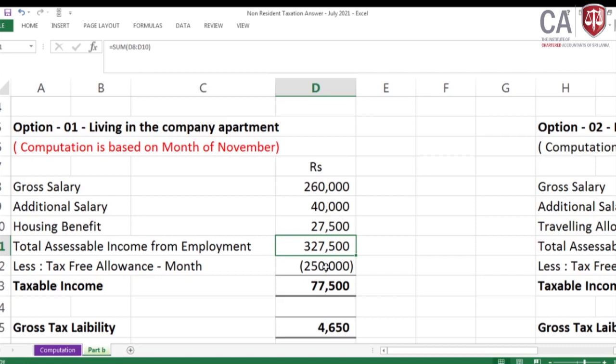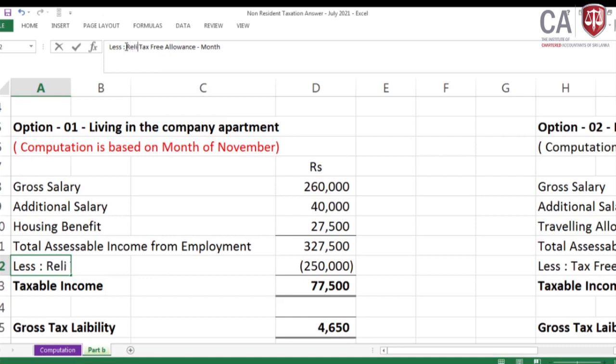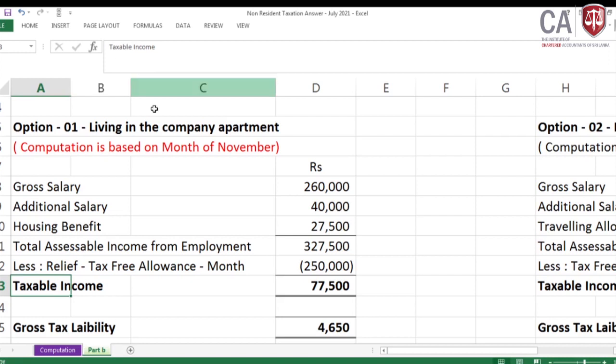Then there is the taxable income of Mr. Rohan, which is assessable income from employment less the tax-free allowance. For individuals we can deduct reliefs and qualifying payments. One of the reliefs is the tax-free allowance, which is 250,000.